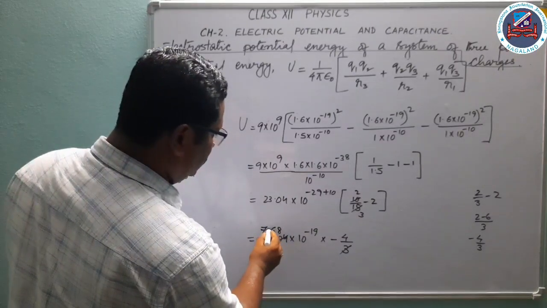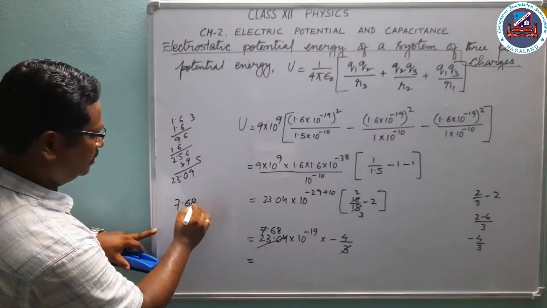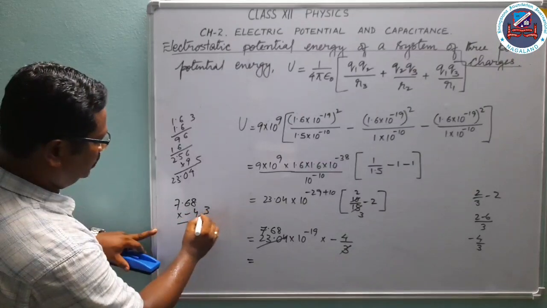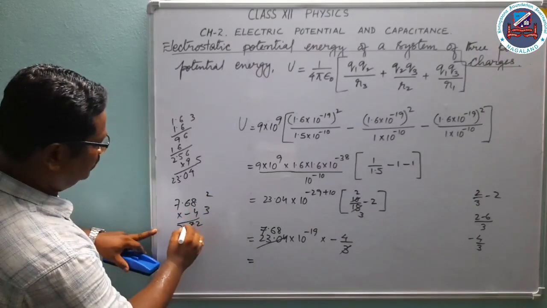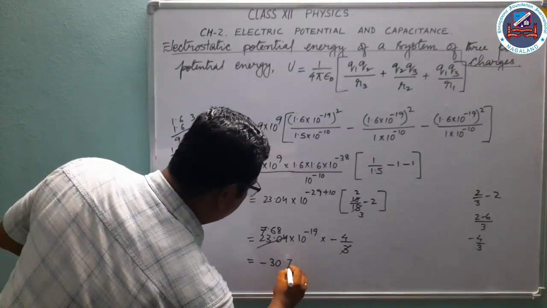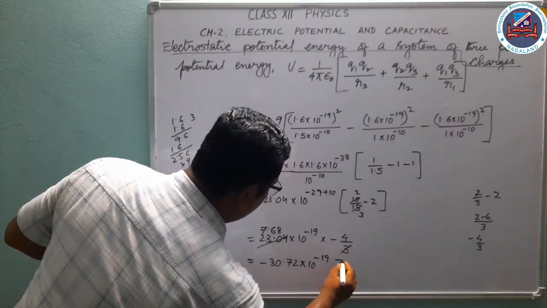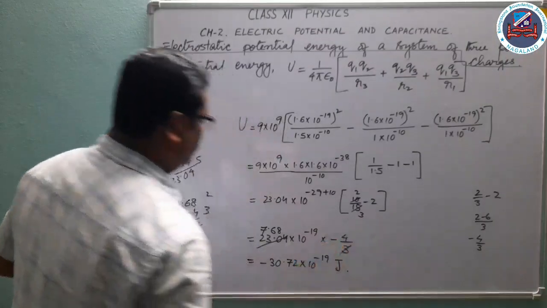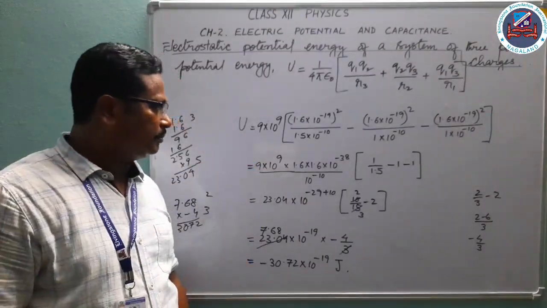After decimal 2 digits you have, then multiply it. 7.68 into minus 4, 32, 24, 27, 2 in hand, 22 and 30, 30.72 minus. 30.72 into 10 to the power minus 19. You will be writing the SI unit of energy, that is joule.